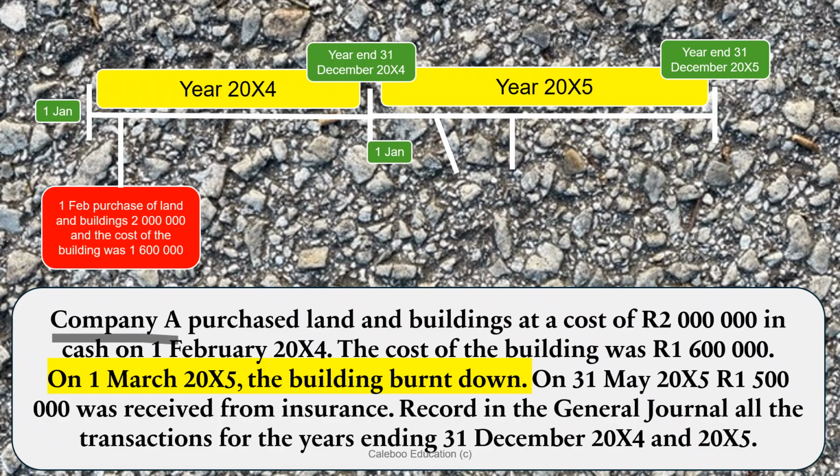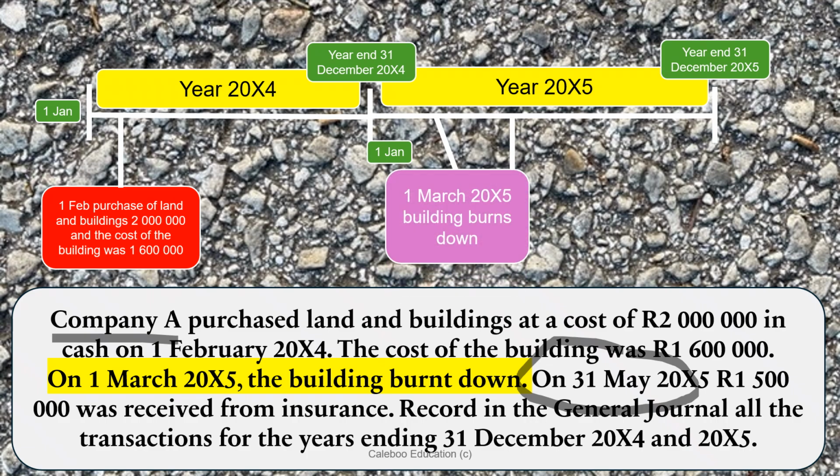So there we go. A company purchased land and buildings. Now what happened on the 31st of May? The building burns down. Sorry, not on the 31st of May. That's when insurance paid out. The building burnt down on the 1st of March 2025.